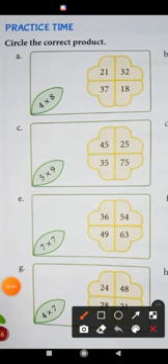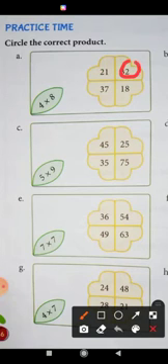Practice time. Circle the correct product. Now 4 into 8. 4 8s are. Now we have to circle the correct answer. Here some numbers are given: 21, 32, 37, 18. So 4 8s are 32.